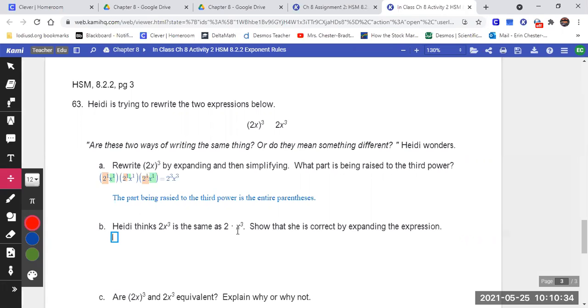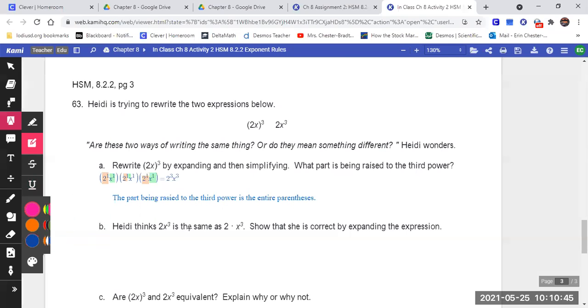Because what's in the chat, that's a 2 to the 3rd power and an x to the 3rd power. We just figured that out. Do you agree that what she's written, that pink does not mean the same thing, does it? How would we expand the pink?